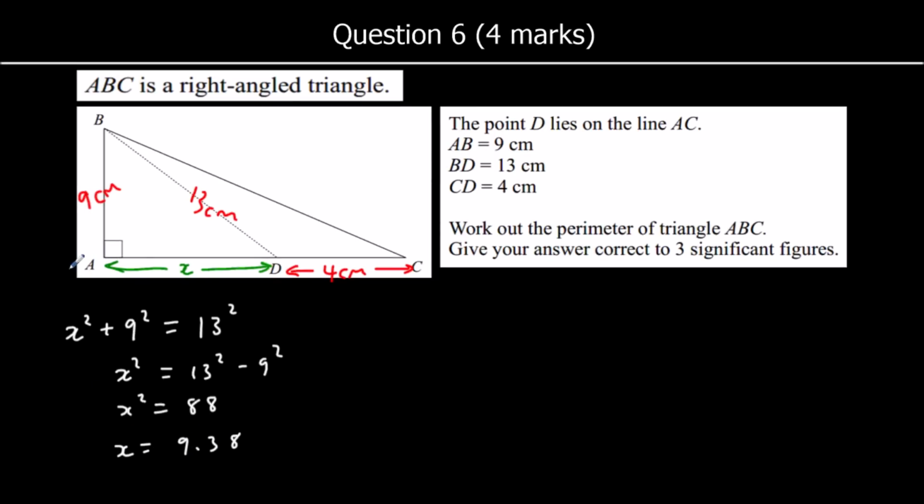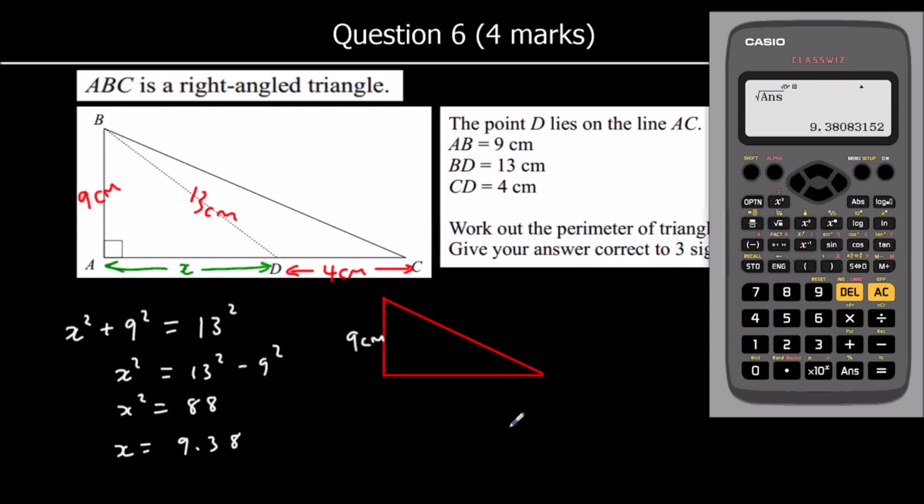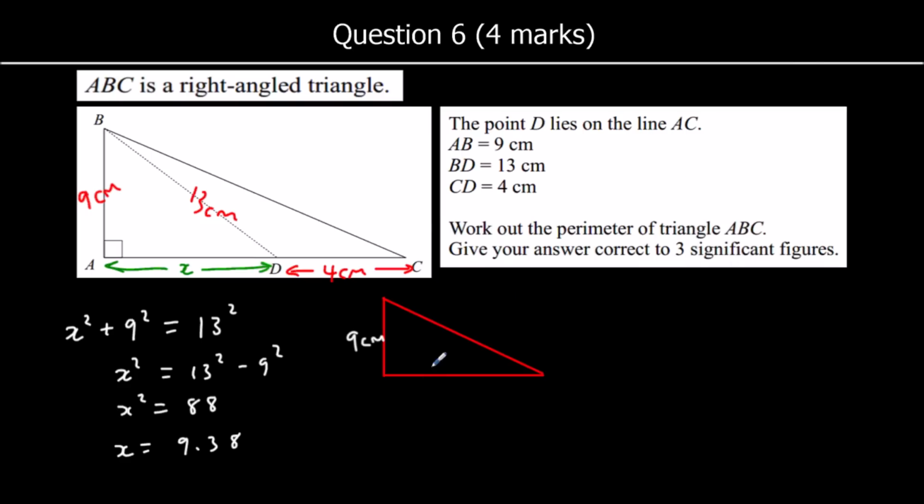We can then find the length B to C using Pythagoras again, but for the big triangle ABC. So we've got 9 centimeters. We've got 9.38 plus 4, which is 13.38.